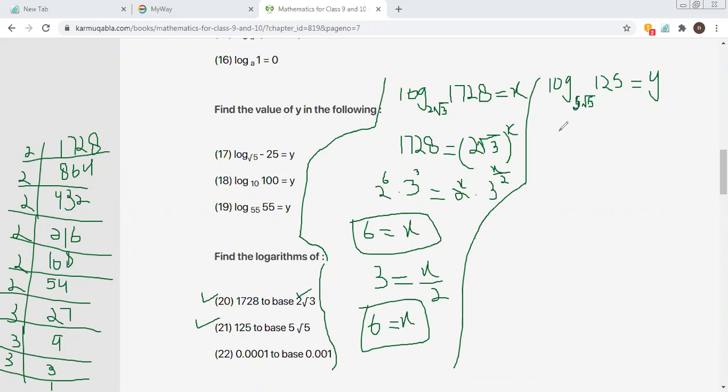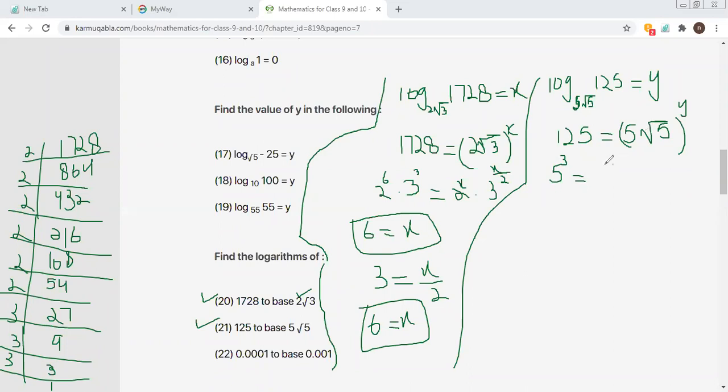Now, class, arrange the terms in exponent form like this and make a power y. You know that 125 is the cube of 5. When you multiply 5 by 5 three times, it becomes the power of 5.